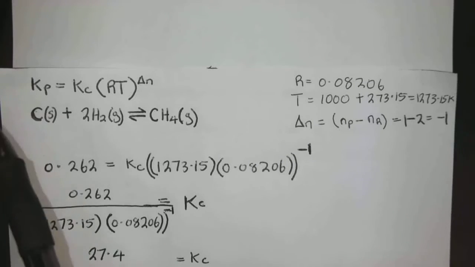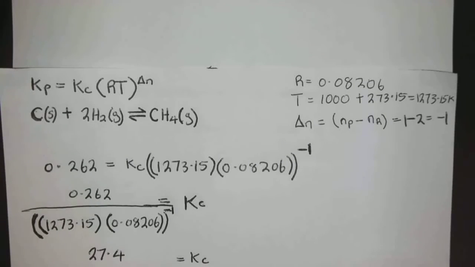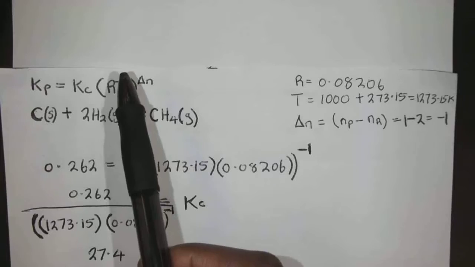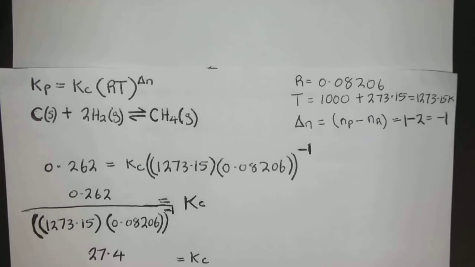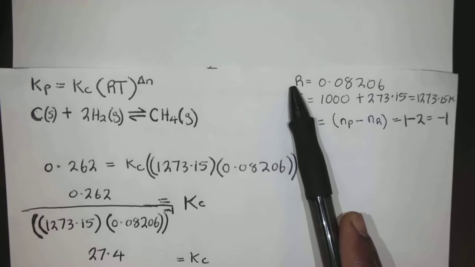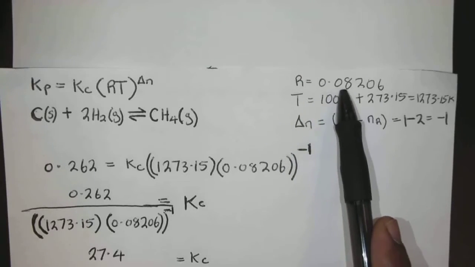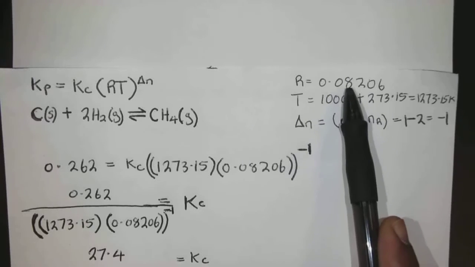And the relationship between Kp and Kc is that Kp is equal to Kc times R times T raised to the delta N, where R depends on the units used for pressure, which is 0.08206.